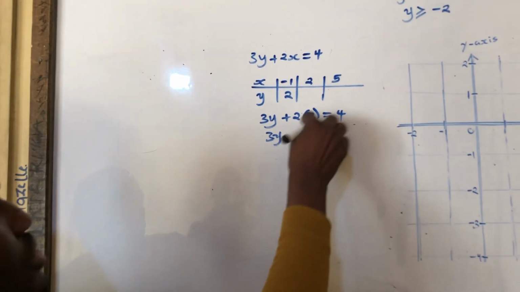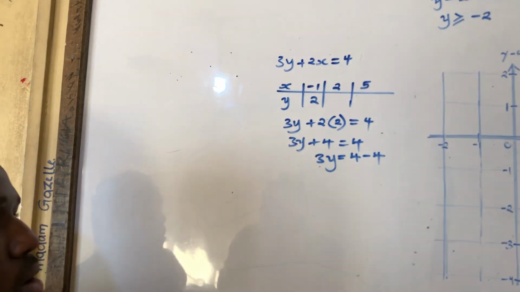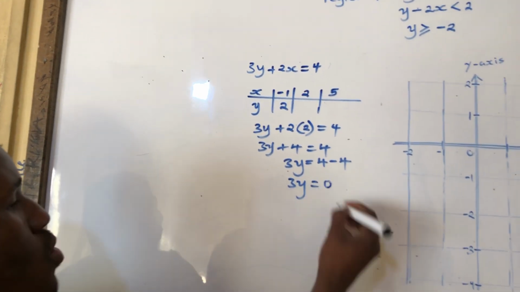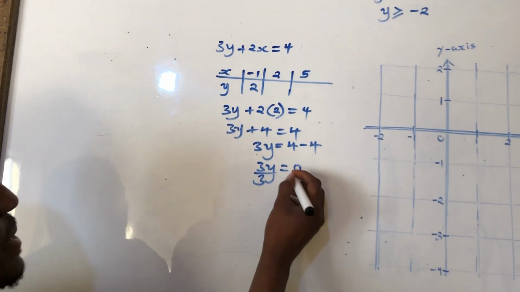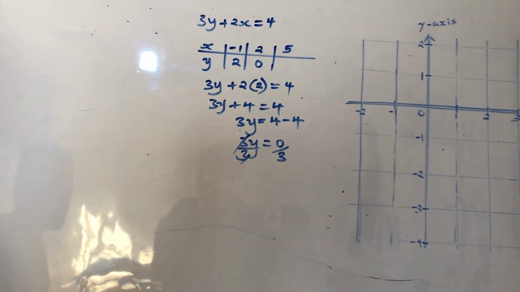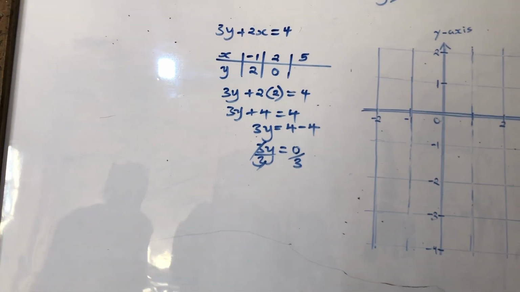The 4 will cross over to the other side of the equal sign, giving us 4 minus 4, giving us 0. Divide this by 3. The value of y becomes 0.